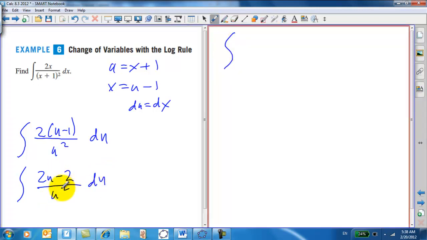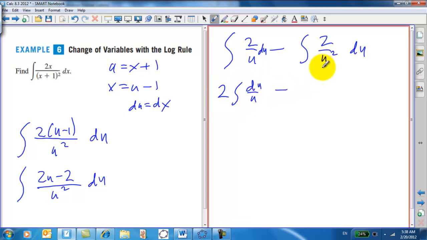Now we can distribute the division over subtraction. So we get the antiderivative of 2 over u minus the antiderivative of 2 over u squared du. One of these requires the log and one doesn't. And that's basically this one here. 2 times the antiderivative of 1 over u minus 2 times the antiderivative of u to the negative 2 du.